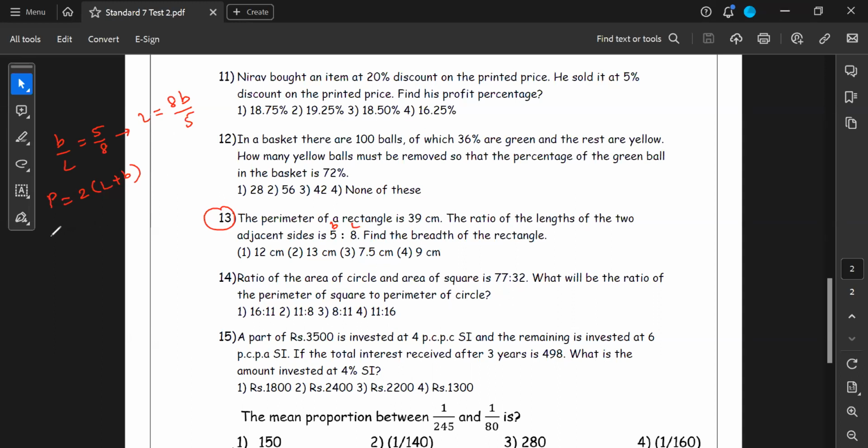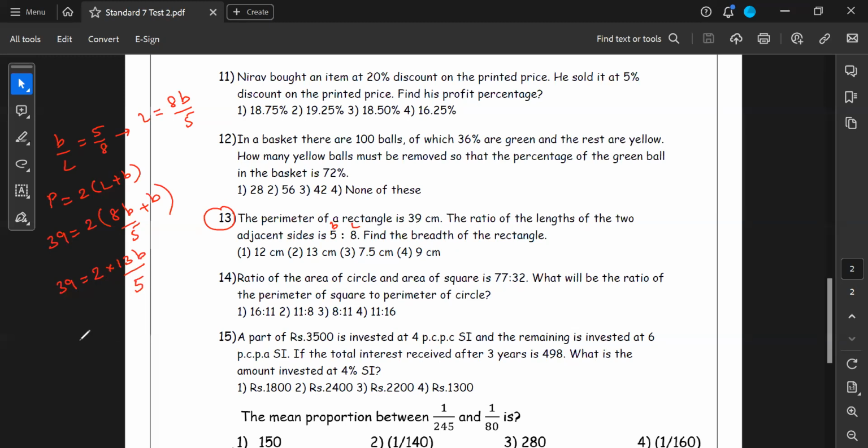Now simply I have to substitute the values. The perimeter is given as 39. It is 2 multiplied by, instead of length, I substitute 8 multiplied by breadth upon 5, plus breadth. When I cross multiply, I get 39 is equal to 2 multiplied by 8b plus 5b, which is 13b, upon 5.